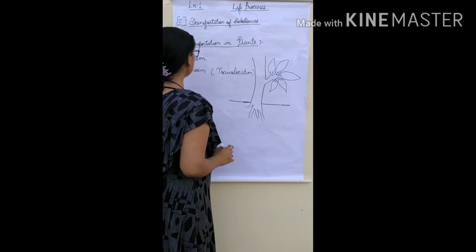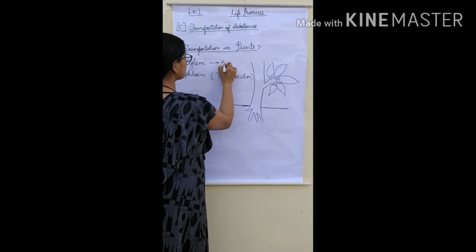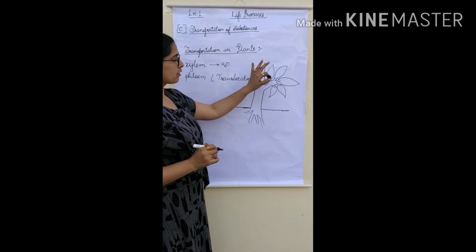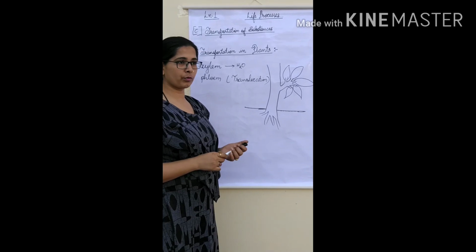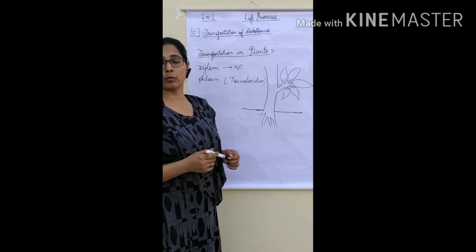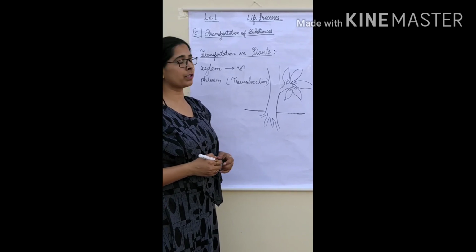Now, xylem carries water from the soil to the leaves, to the top of the trees, so that plants can get water and do the process of photosynthesis, can regulate their body temperature, and can do the process of transpiration.